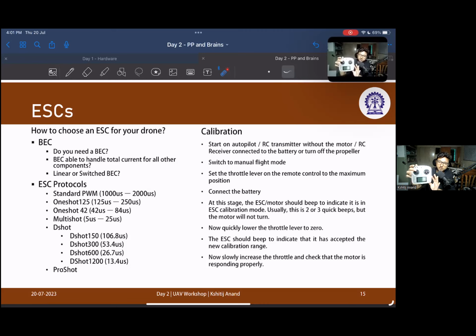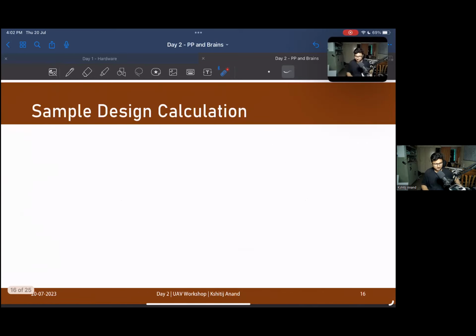Then after the motor has beeped 2 times, swiftly take this back. Don't leave it in the center; take it back to 0. That is where your throttle is going to be 0. Then the motor will beep again, 3 times. The ESC is calibrated. Now when you release this stick, the motor will start spinning. We'll see this in action today.